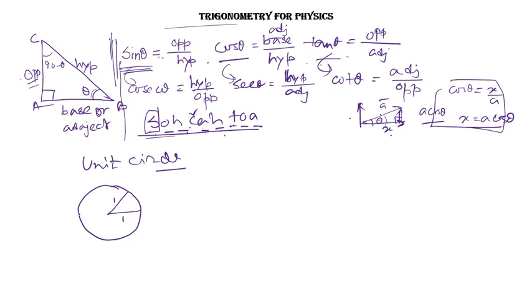Now I have the x-axis, correct? This is 0, this is 1, this is minus 1, and again this is 1, this is minus 1. This is a unit circle.